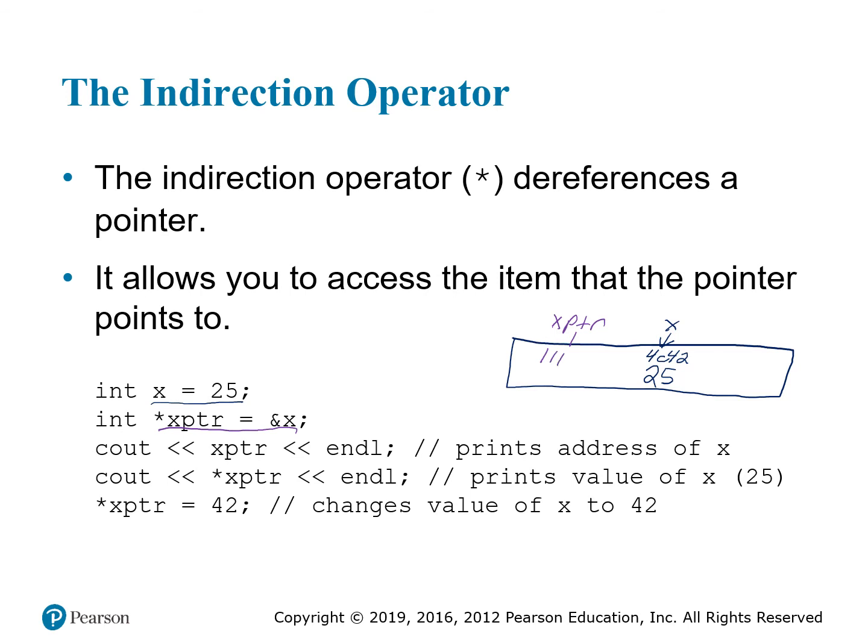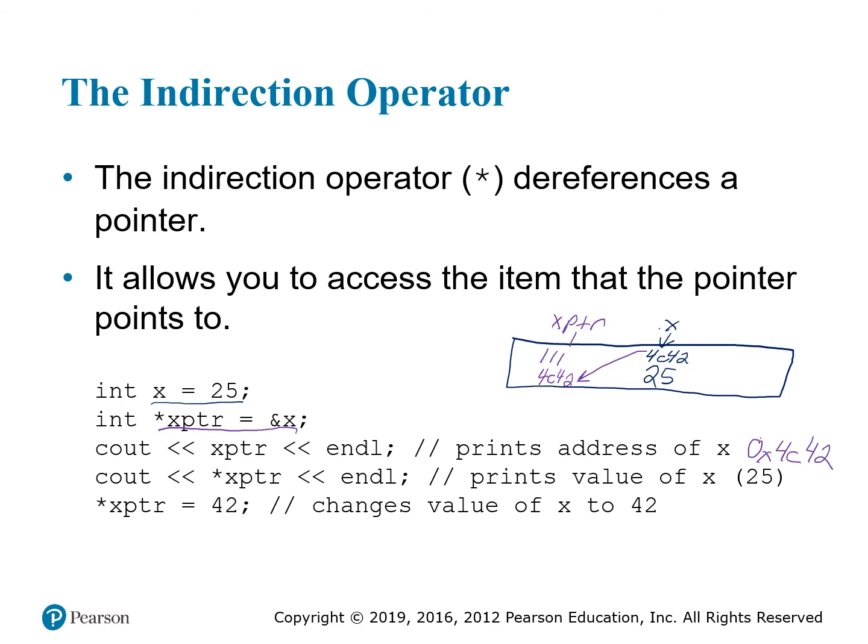We'll go with that. And then it holds the value 4C42 because ampersand x took that value and stored it there. Okay. Now, if we output x pointer, that's going to print the address of x. So that's going to print 0x4C42.